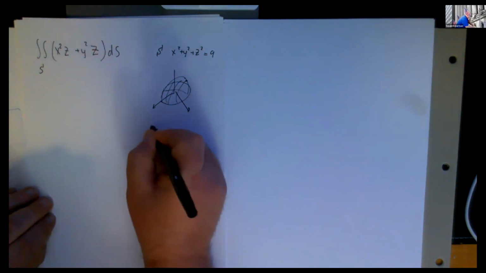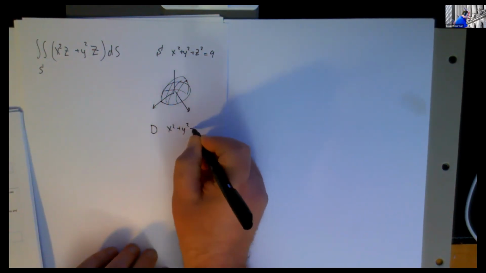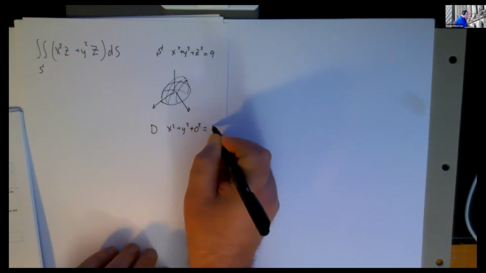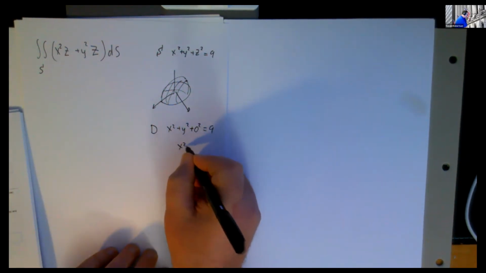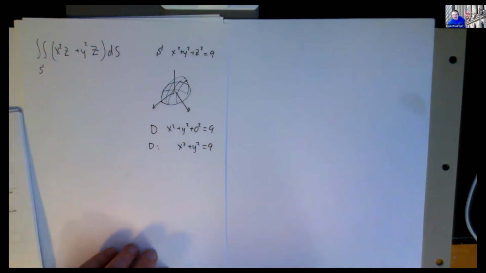Now, what else do we know about this fella? Well, we should be able to figure out who D is. If you take that entire surface and you project it onto the floor, essentially, don't you just make z squared 0? And what you're looking at is a circle.